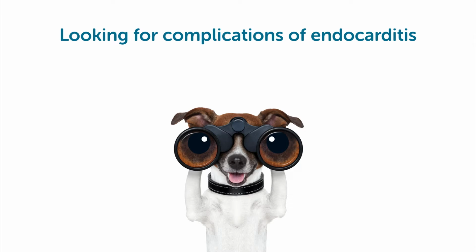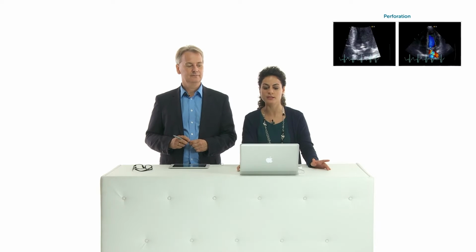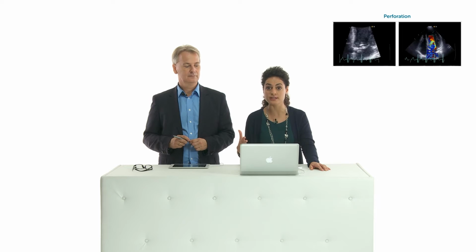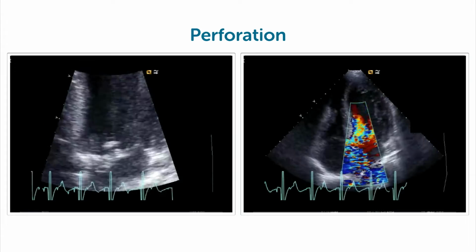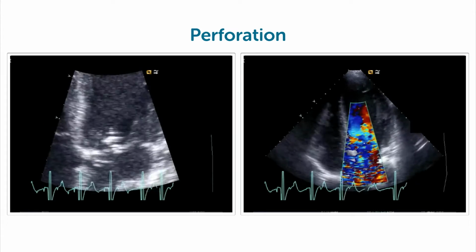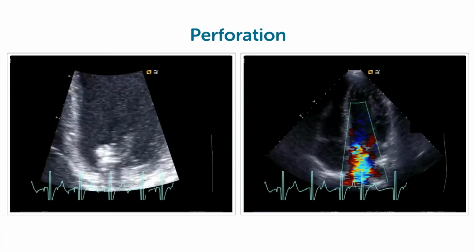Endocarditis can cause complications, and the diagnosis of endocarditis could be done on the finding of vegetation or directly on the finding of complications of endocarditis. What do I mean? Well, you could not find a vegetation, but for instance, you could find a perforated leaflet, like in this case where there's a real hole in the mitral valve causing regurgitation.